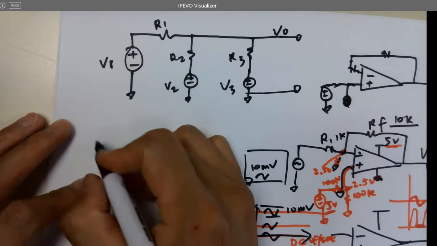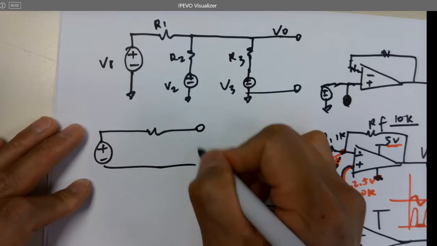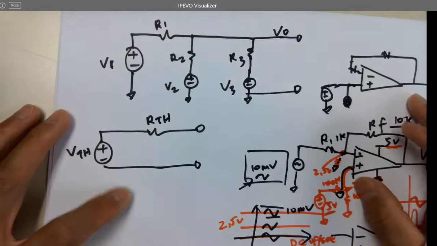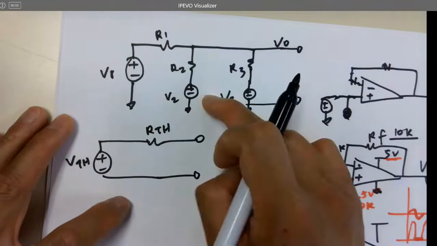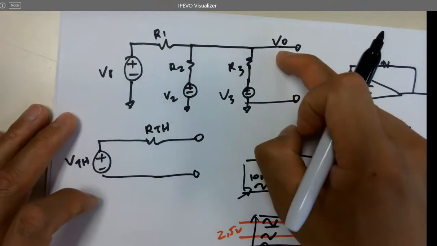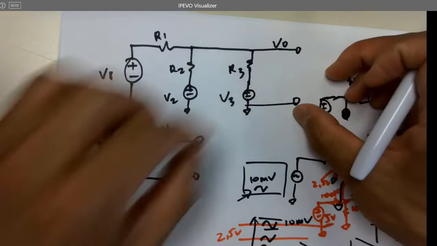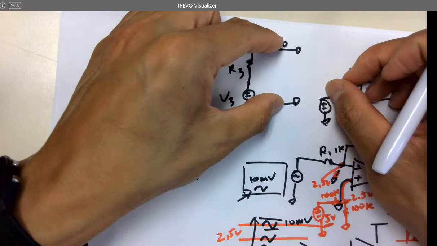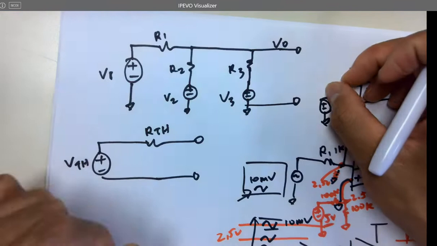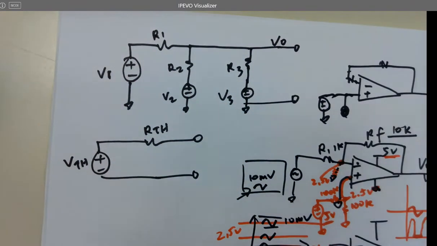Because we want to know what VTH and RTH are. To solve this circuit right now, we're not solving everything. But for now, I only care about V out because I want to get the VTH. The VTH is the voltage over here. If you remove the load, here's V out, here's VTH. So I only care about VTH. That's why I only solve for V out. It simplifies the process a lot. So what is V out? How do you solve it?